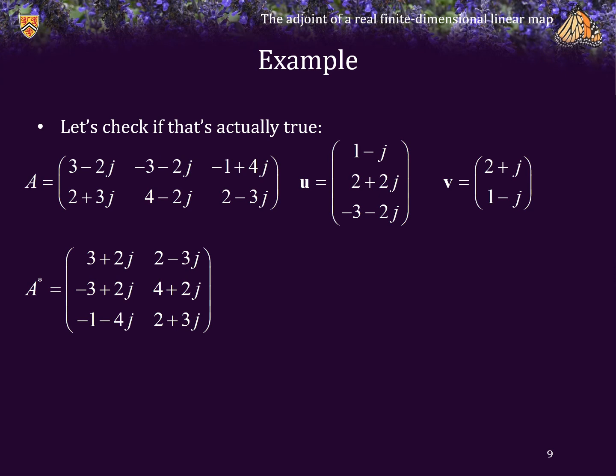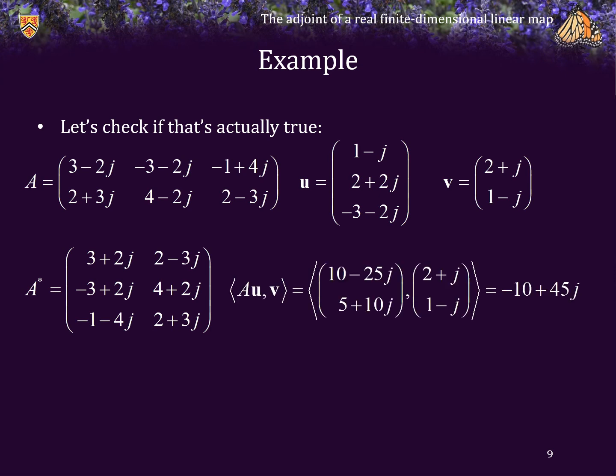This matrix here is the conjugate transpose of the matrix A. Now, first we have to calculate A times U. Well, this just has us calculate, for example, 3 minus 2j times 1 minus j plus negative 3 minus 2j times 2 plus 2j plus negative 1 plus 4j times negative 3 minus 2j.